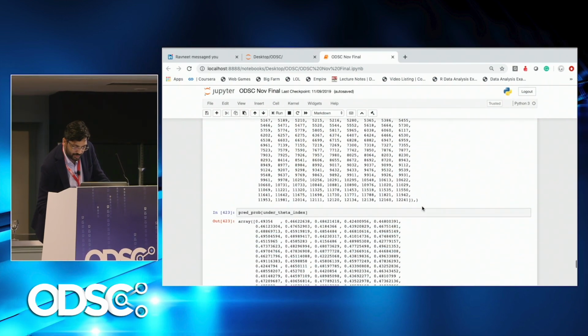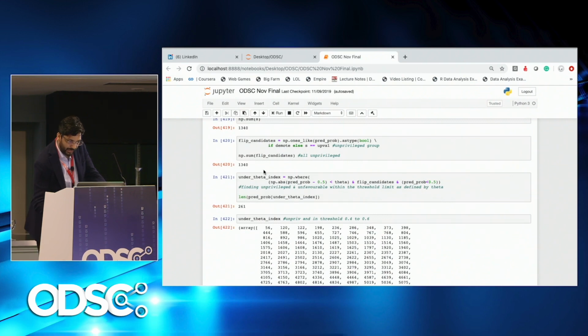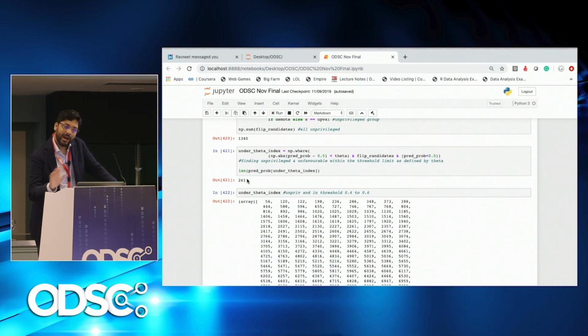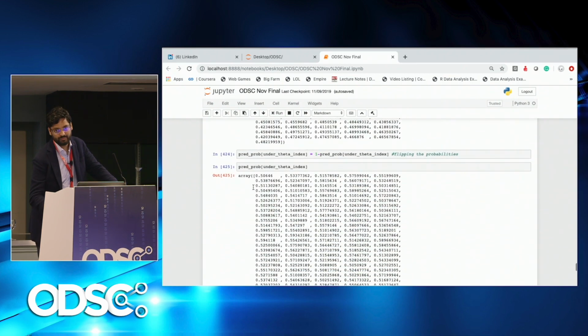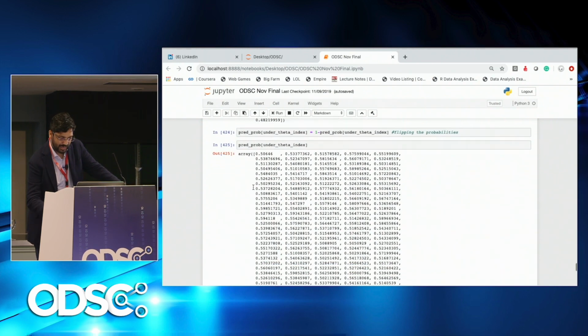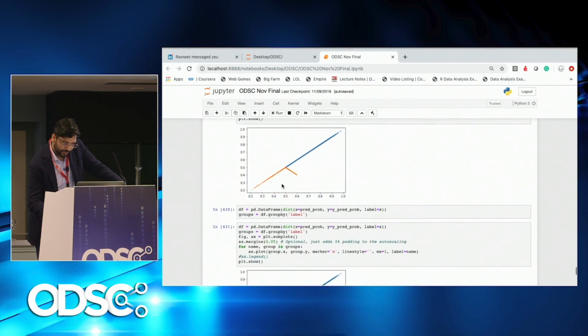It's very simple. In this case, the total number of people inside this circle was 1340. People who were unprivileged were 261. I took those 261 people and flipped their values, 0 to 1, 1 to 0. That's it, nothing else. Between 0.50 and 0.60, everybody was inversed.